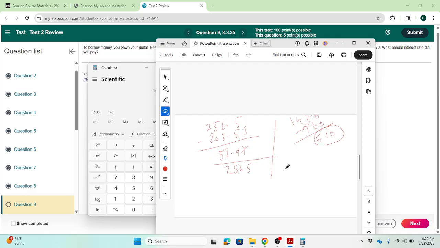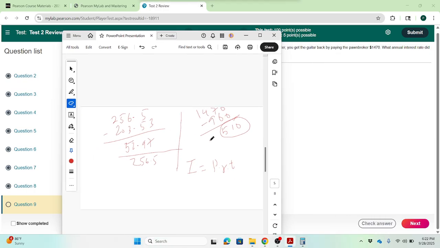So there is a formula. The formula is simple interest is equal to principal times rate times time. We are interested in finding the rate. In this case, we know the interest is 510, we know the principal is 960, and we know the time is one month, which is 1/12.